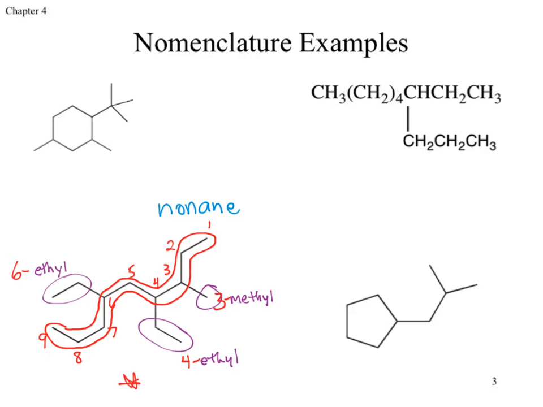The ethyl functional group, which number? 4, 6, di, because there's 2 of them, ethyl, and then we're what, 3, methyl, nonane. Kind of get it?